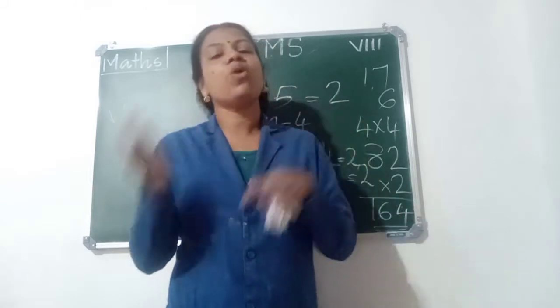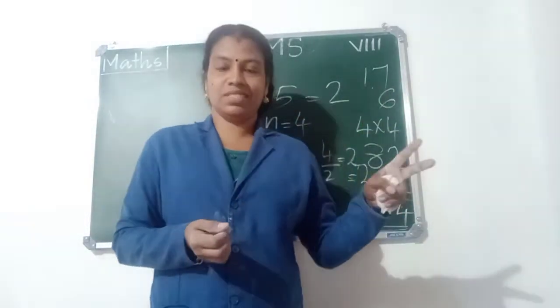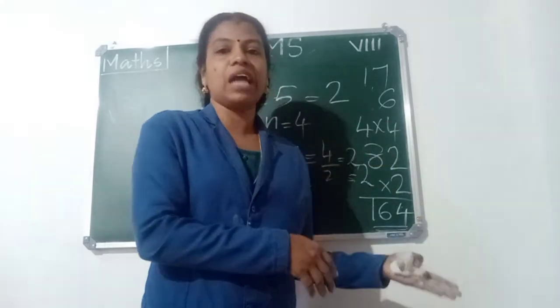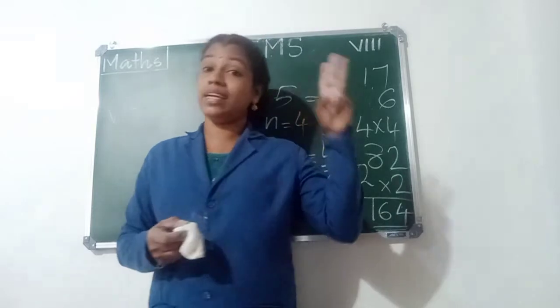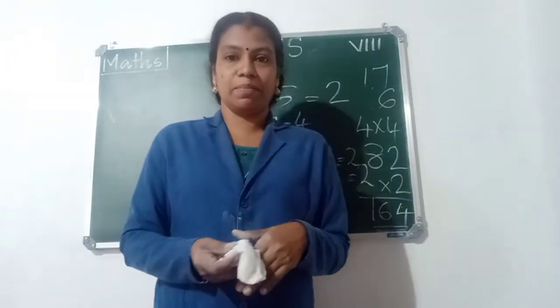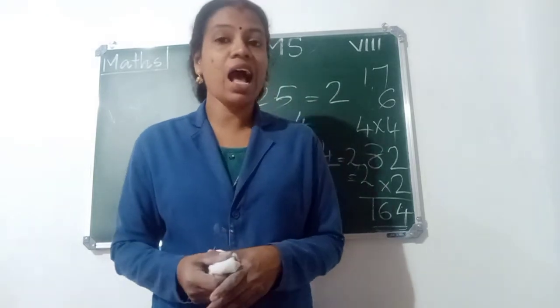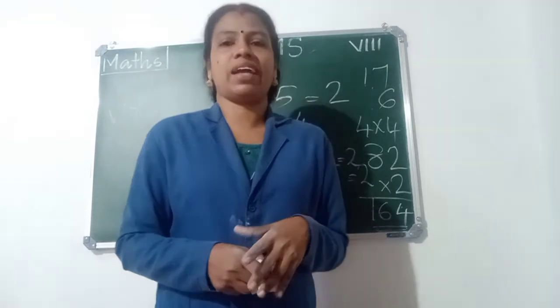3 digit and 4 digit numbers, their square root will have 2 digits. If it is a 5 digit or 6 digit number, then the square root will have 3 digits. Like 7 digit and 8 digit numbers, their square root will have 4 digits, and so on. A simple fact.